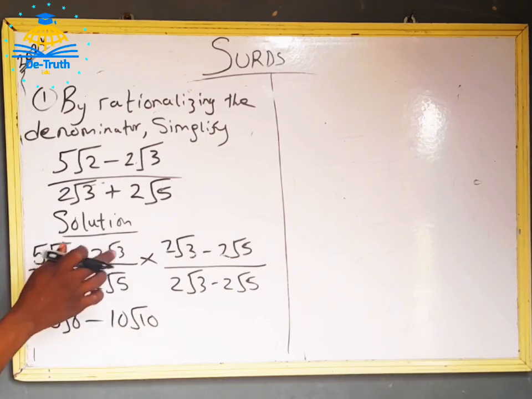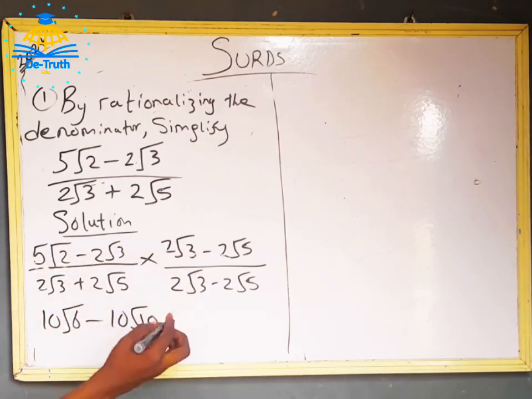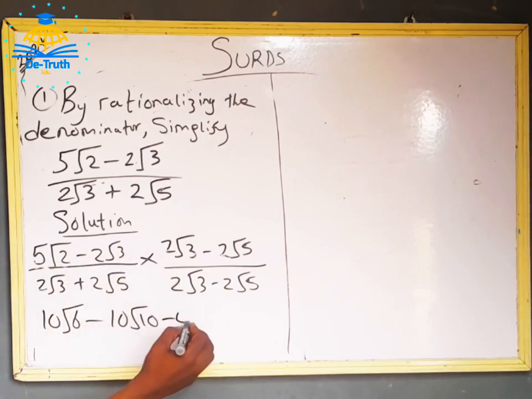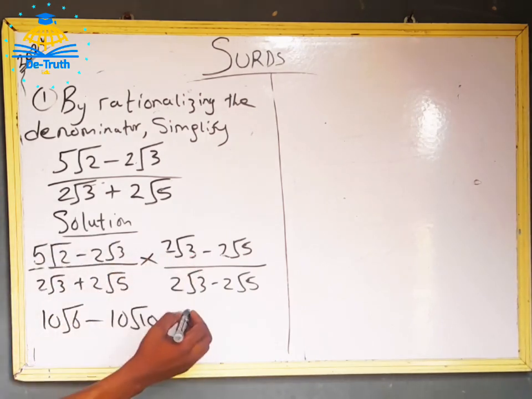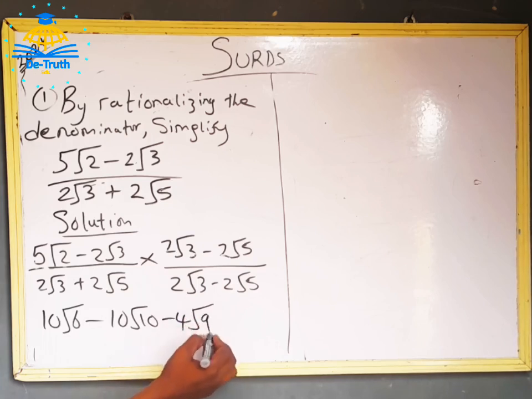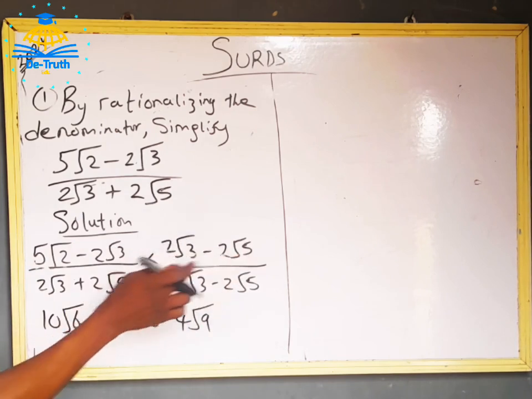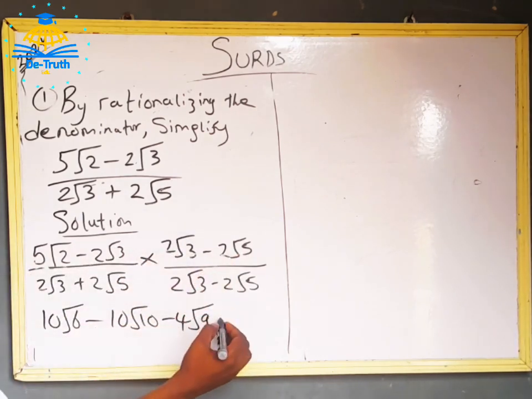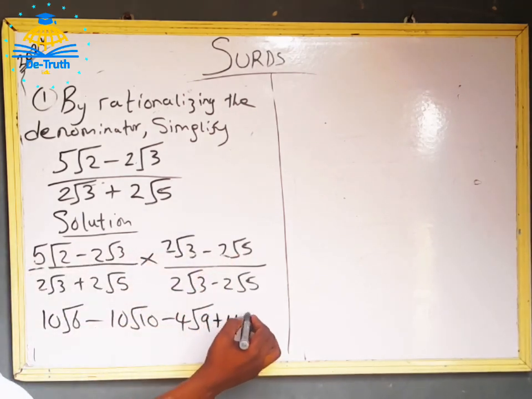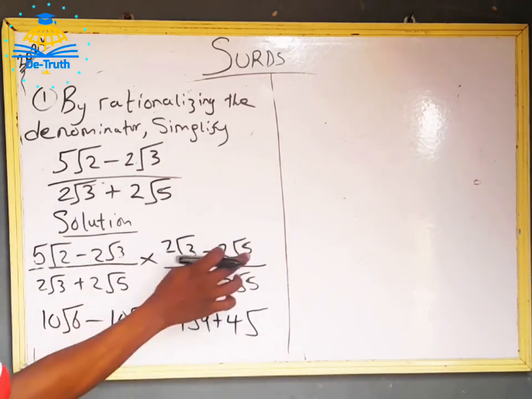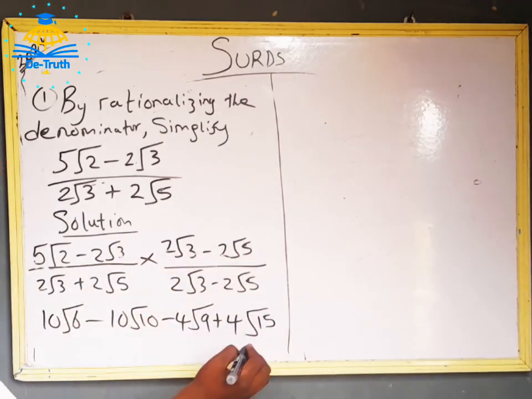Then minus 2 root 3 times 2 root 3, minus 2 times 2 is minus 4, then root 3 times root 3 gives root 9. Then minus 2 root 3 times minus 2 root 5, minus 2 times minus 2 gives plus 4, then root 3 times root 5, that's root 15.